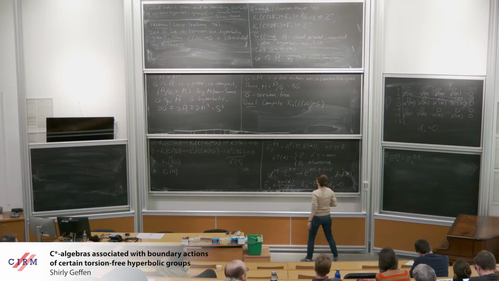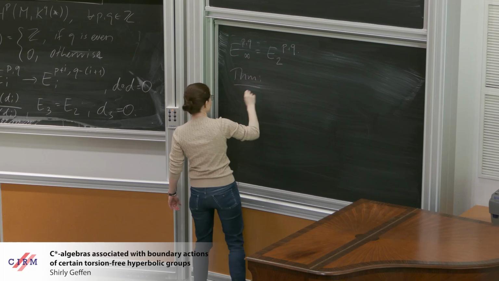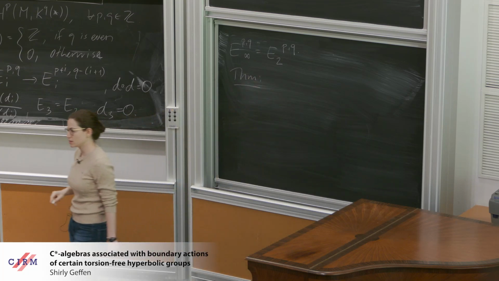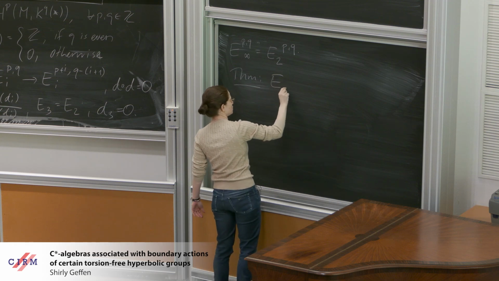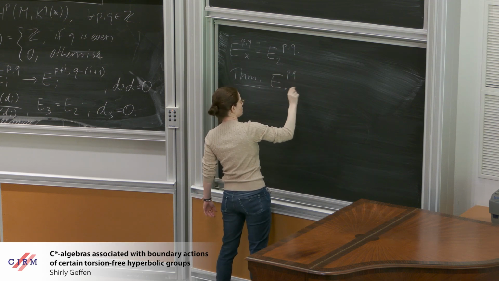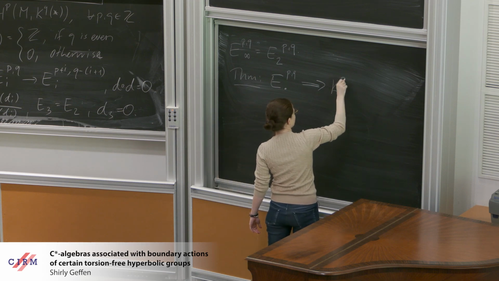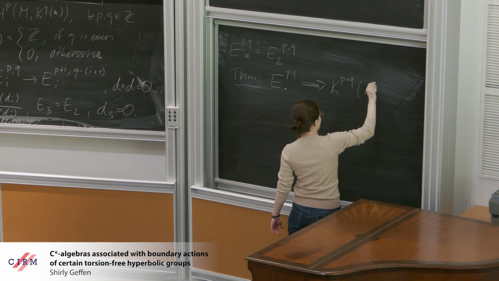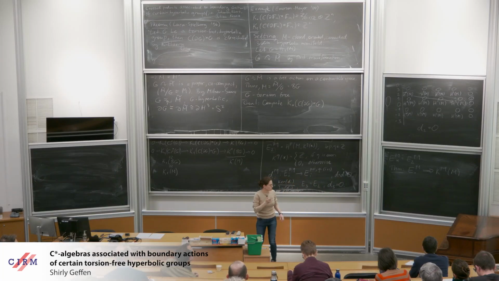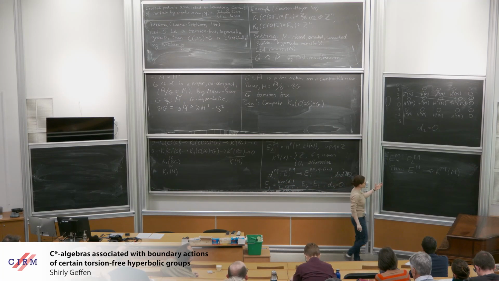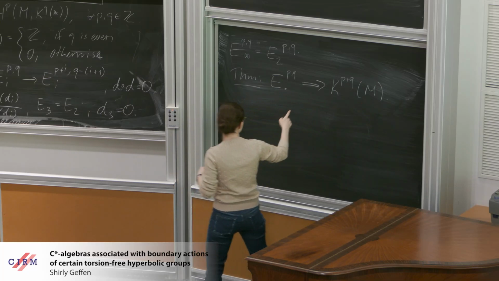Now, the Atiyah-Hirzebruch theorem says that this spectral sequence, defined like this, converges to the (p plus q)-th K-theory of the manifold. So now using this spectral sequence, we want to compute the K-theory of the manifolds, and that's the key for it.